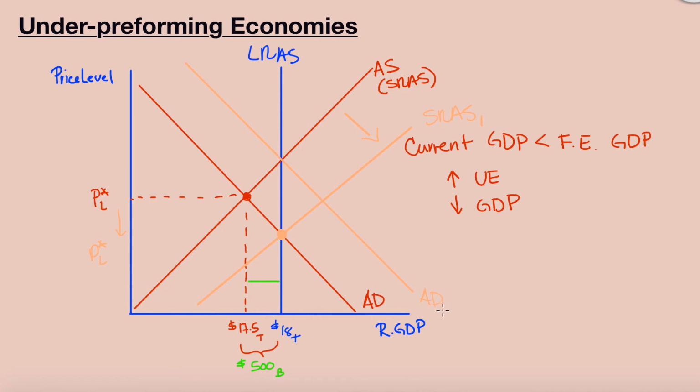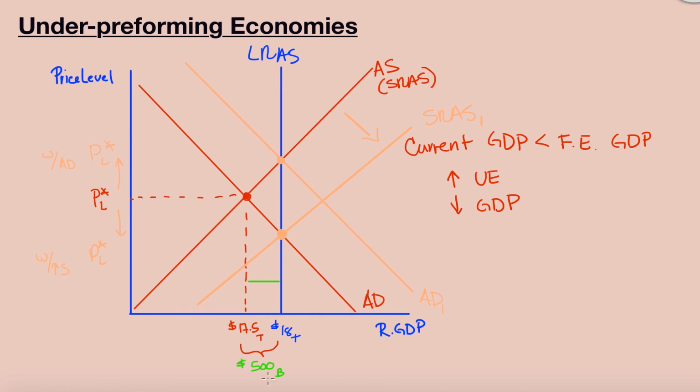So it's a lower price with an increase in supply, but if we increased aggregate demand, there would be an increase in the price level.